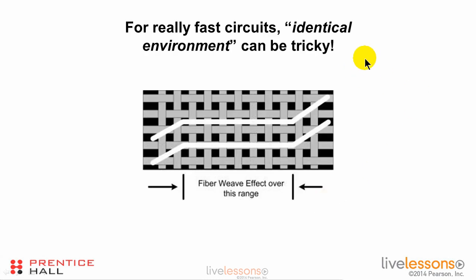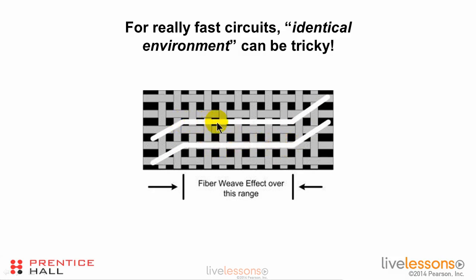When we talk about identical environment, that can be kind of tricky. If we're talking about really fast signals with really fast rise times, and we have a dielectric with a fiber weave that looks something like this, and now we have these two traces that are routed in there, these two traces are not in the same environment. This trace, at least over this range, is 100% over the fiberglass weave.